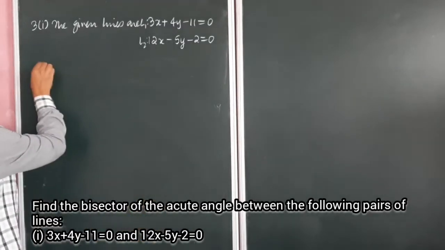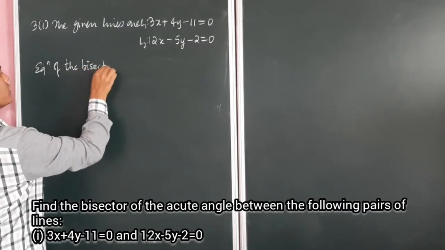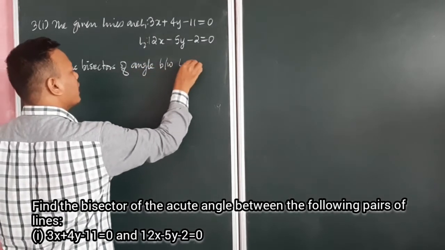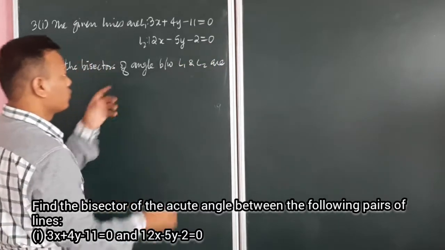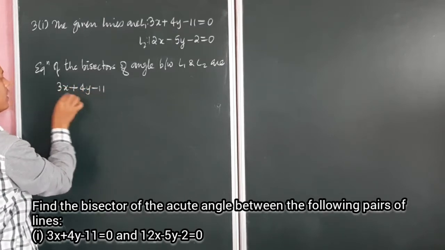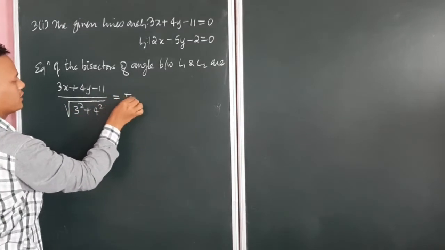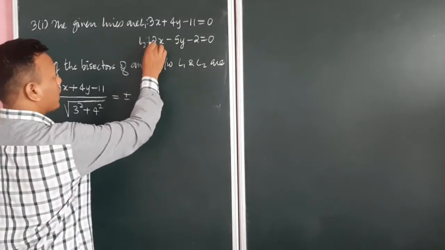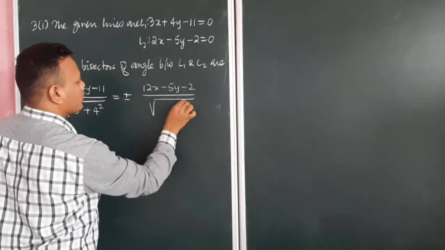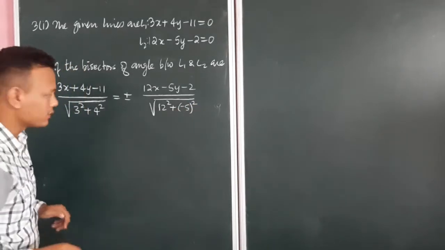So the equation of the bisectors of the angle between L1 and L2 will be given by: (3x plus 4y minus 11) whole divided by square root of 3 square plus 4 square equals plus minus, so equation of bisectors, remember, we have the other, (12x minus 5y minus 2) whole divided by square root of 12 square plus minus 5 square. Now let's simplify this and find the bisectors here.